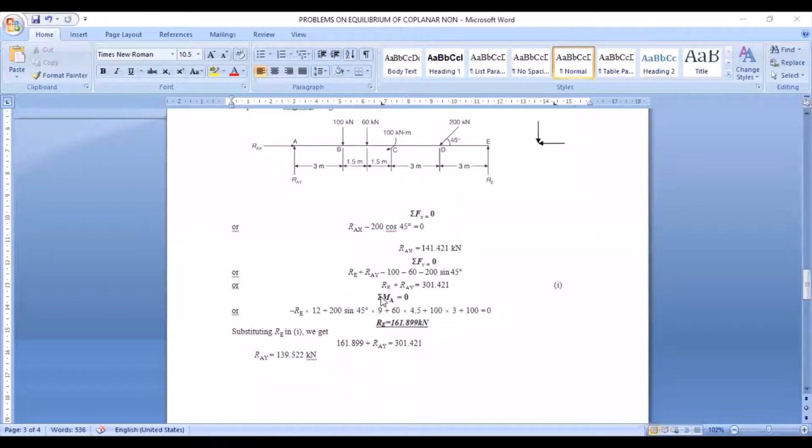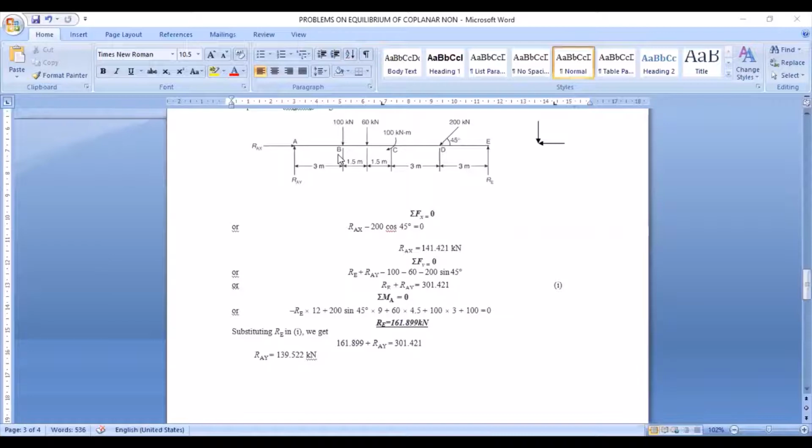For the moment equation, you are supposed to consider the moment or couple which is acting at point E also. So the total number of forces available in this diagram are 1, 2, 3, 4, 5, 6, 7 and 8.